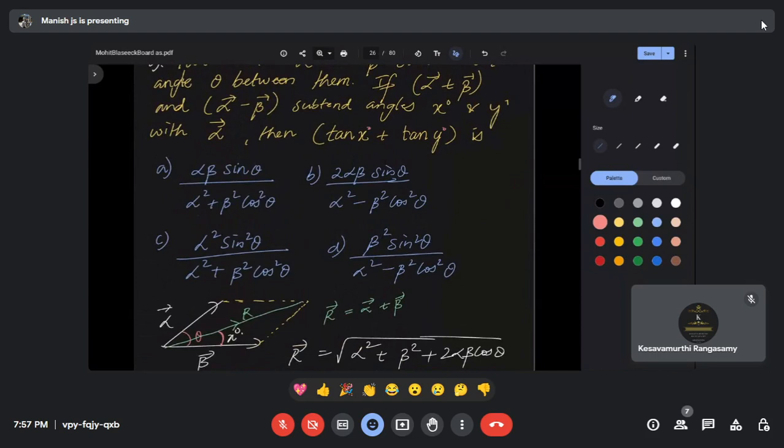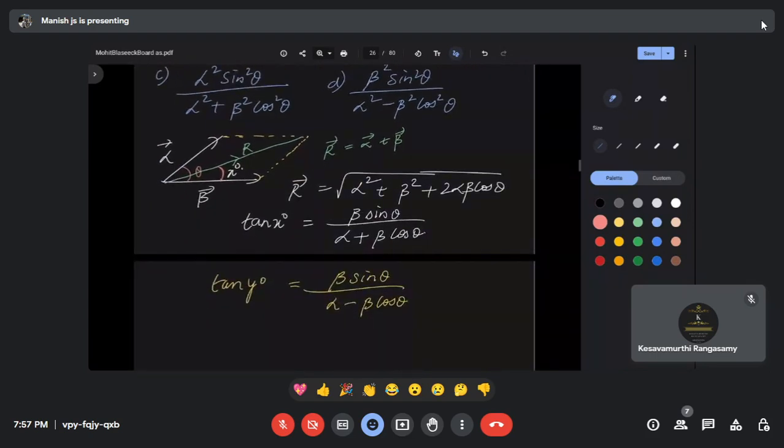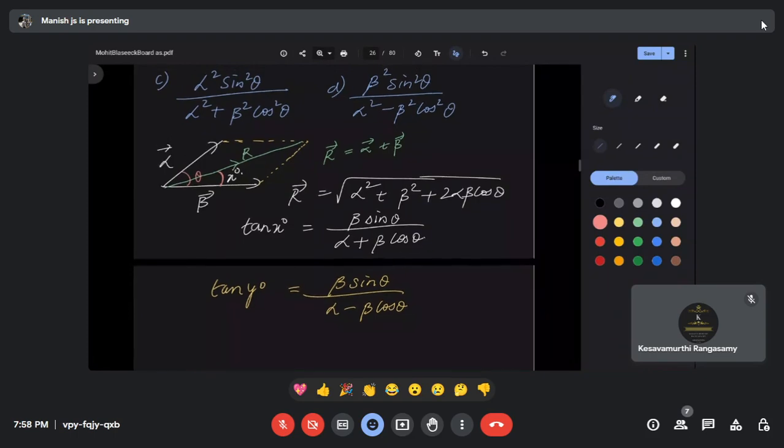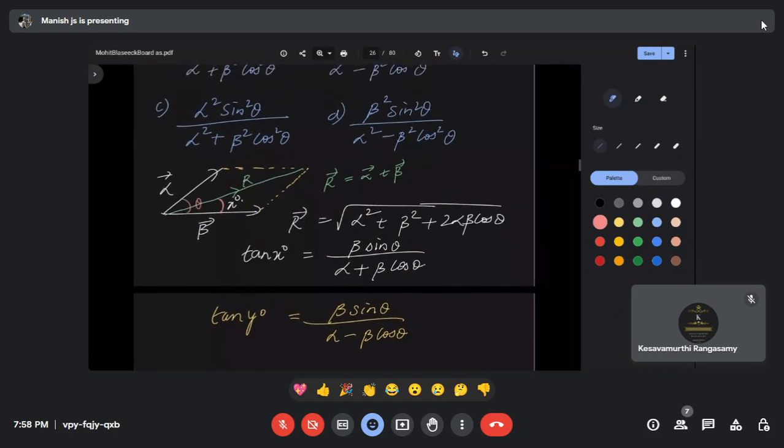Yes, tell me. Sir, in tan y, won't there be a negative in front of beta in the numerator? A minus sign in front of the numerator? No, you don't get a minus sign. Because the angle is 180 minus theta.